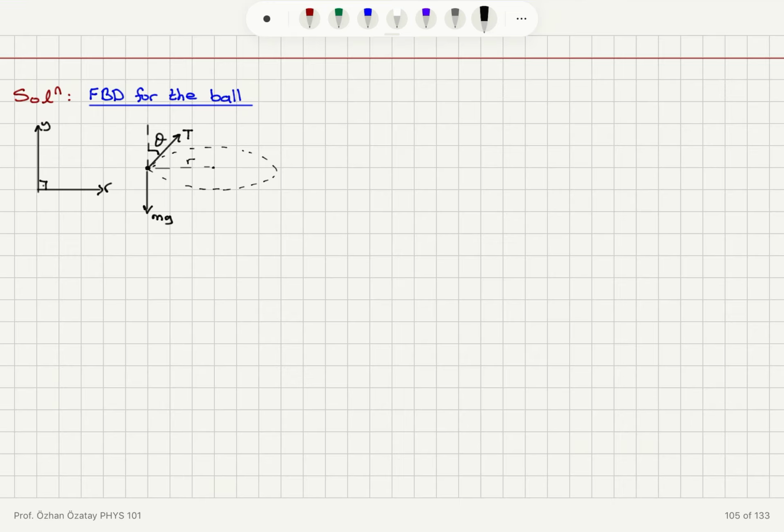Okay, so if this is our y-axis and this is our radial axis, two orthogonal axes here, the net force on the y-axis must be equal to 0 because the ball is moving on a horizontal plane, which means there is no motion on the y-axis.